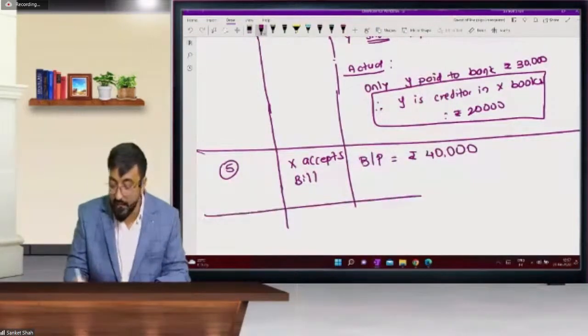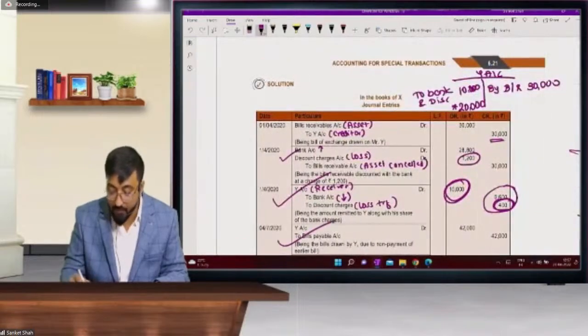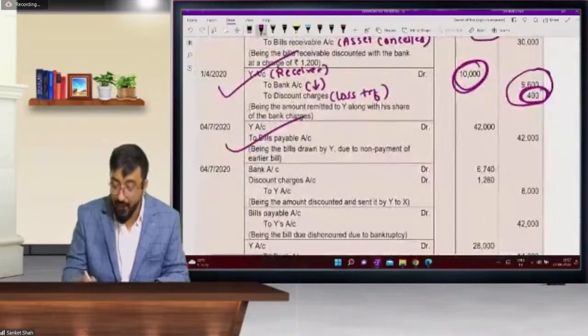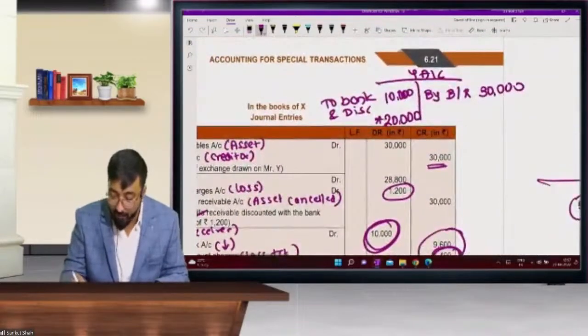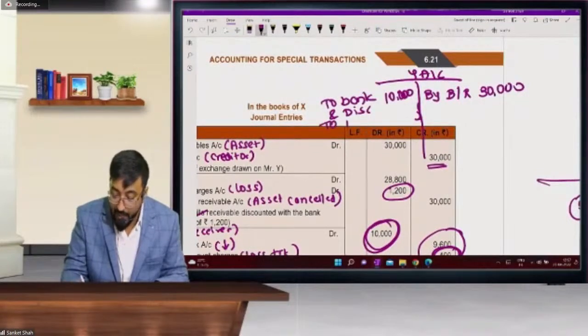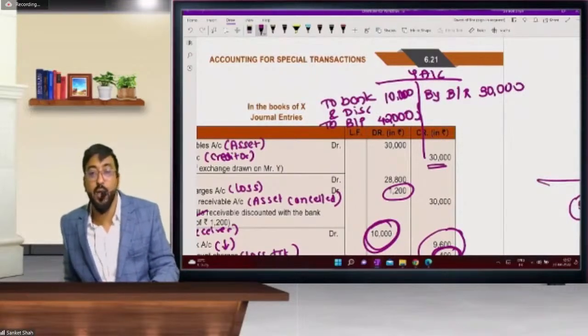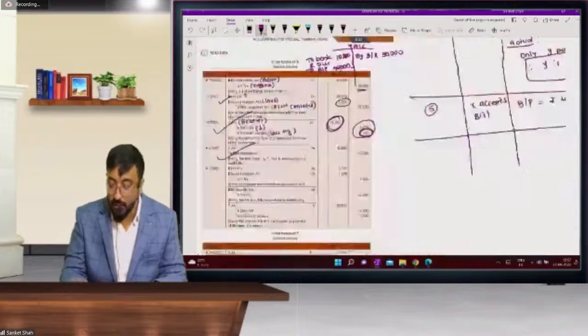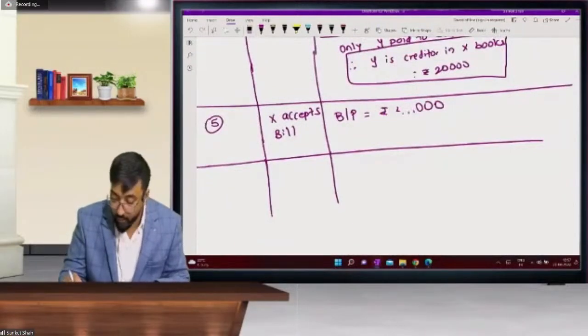So what is the entry? Y account debit to bills payable. Y account debit to bills payable. So Y को मैं debit मारेगा अभी. To bills payable 42,000. Y account debit to bills payable 42,000.